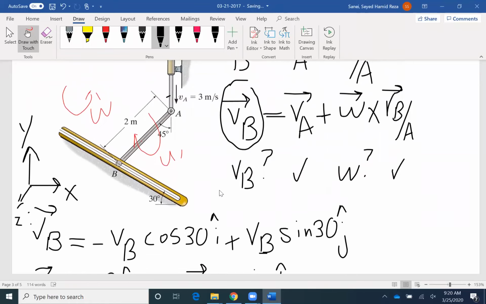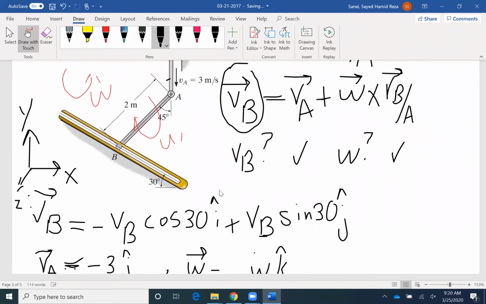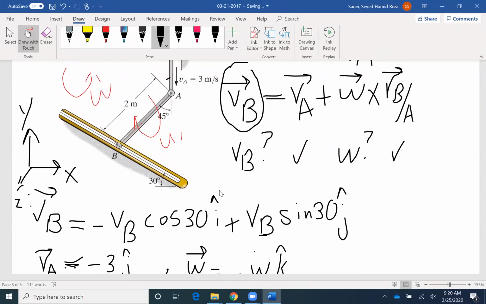The other vector is RBA. And RBA is from A to B. And we have the angle here, and we have the magnitude, which is 2.